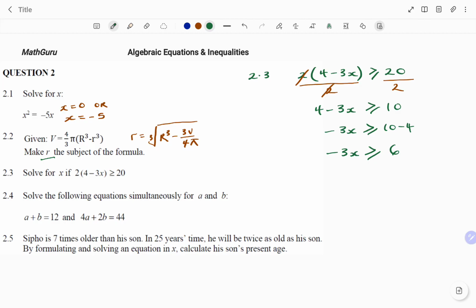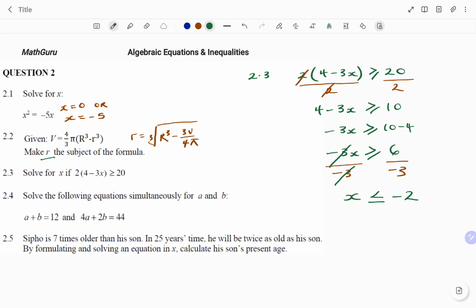Note that when you're dividing an inequality by a negative number, then your inequality sign changes. So if I divide by negative 3, negative 3 divided by negative 3 is 1x. So it changes from greater or equal to less than or equal to negative 2.